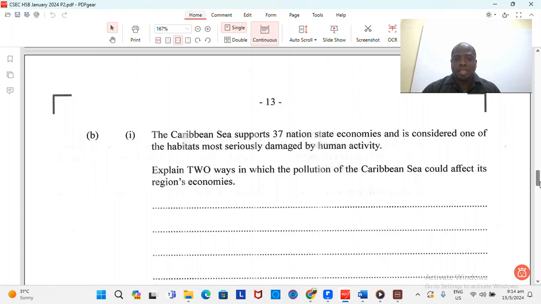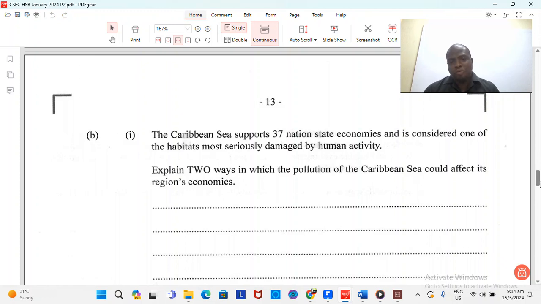You can cause extinction maybe of some species that are not able to adjust to the levels of pollution. Pollution may tamper with the water quality, the obstruction of movement of these organisms, damage to habitats that we have. And so those are two ways.